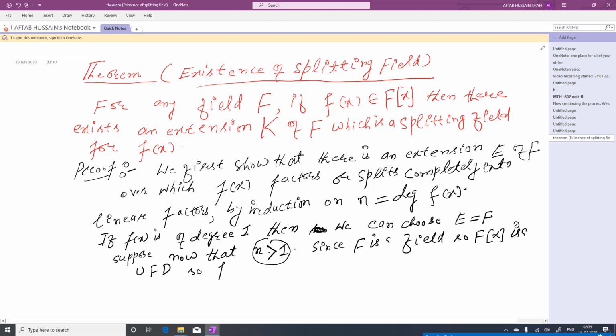So this f(x) can be factored completely as a product of irreducibles.